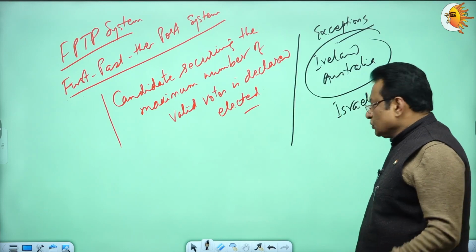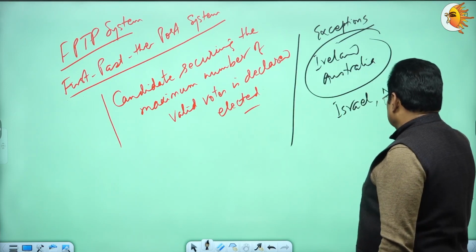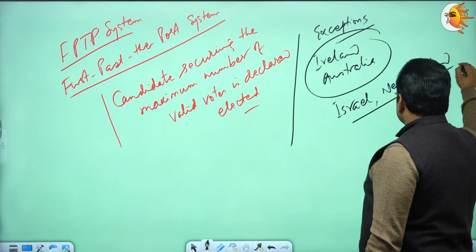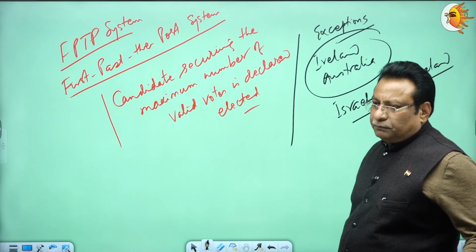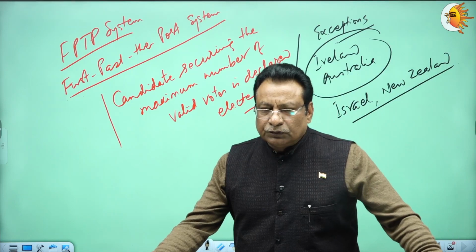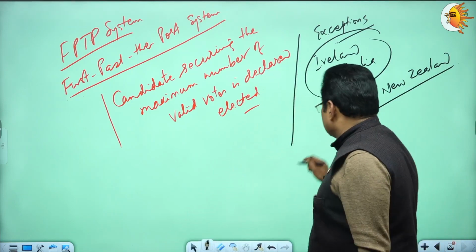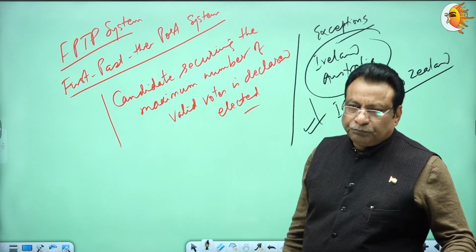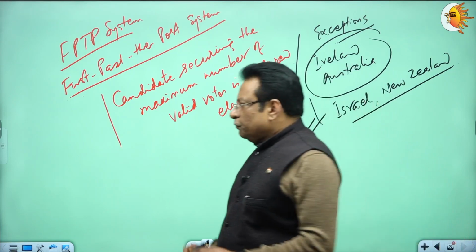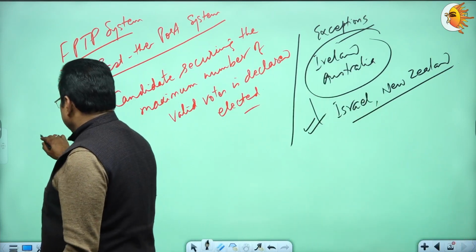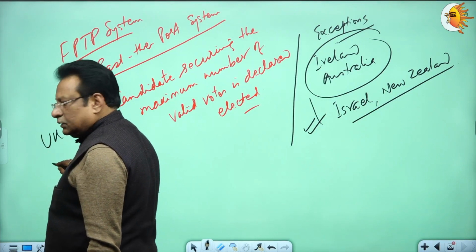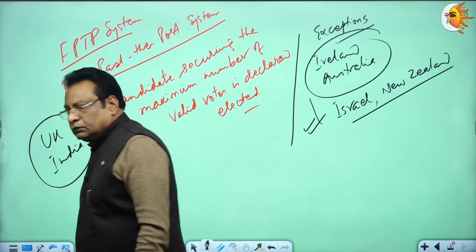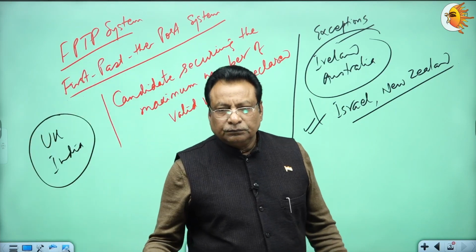So Ireland, Australia, Israel, New Zealand, through proportional representation. So these are the exceptions, and that is the question for your prelims. The two best examples are, obviously the name itself tells, UK or Britain and India. Right?